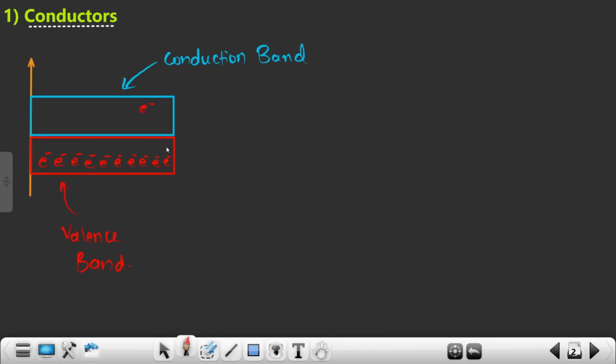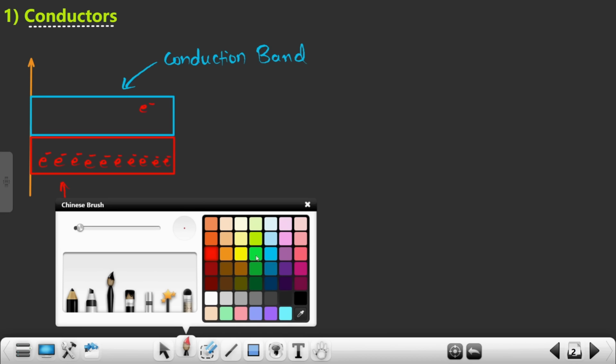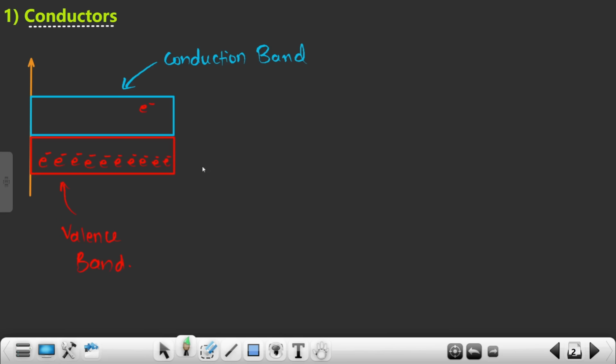Now, as I had already mentioned, the energy gap, or Eg, for conductors is almost negligible. I can show it this way: Eg is almost equivalent to 0 electron volt.